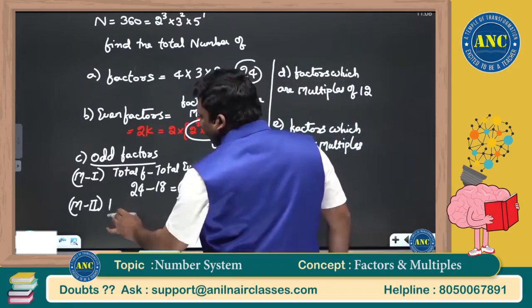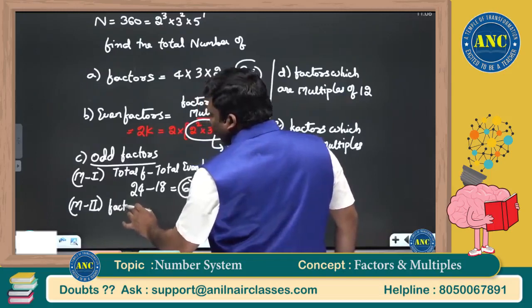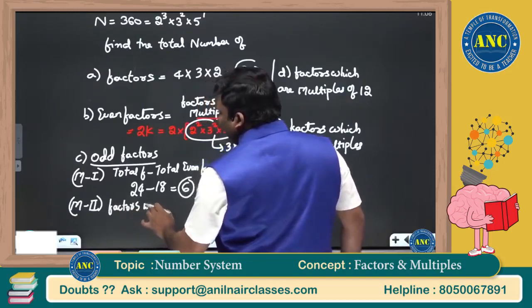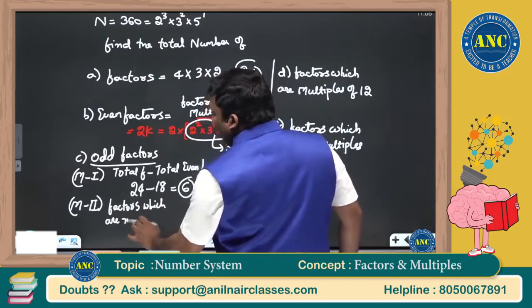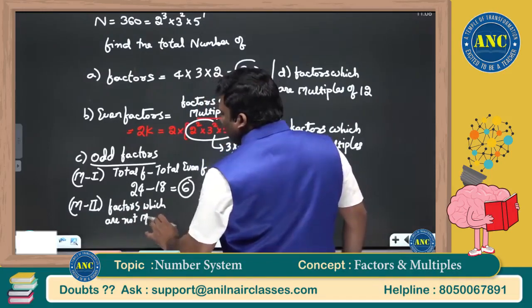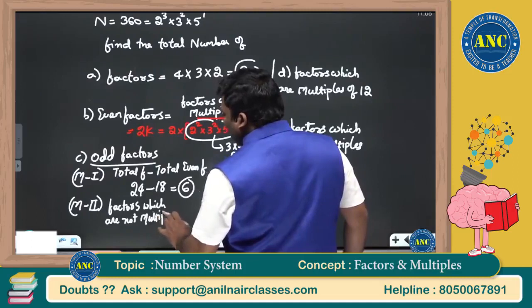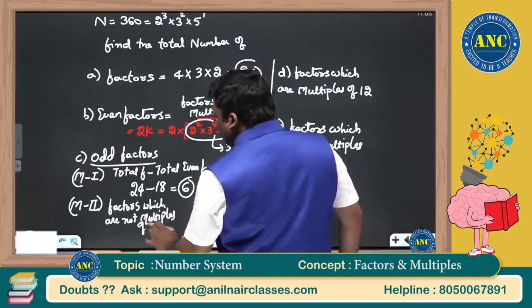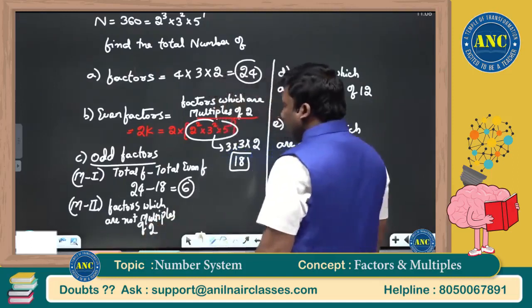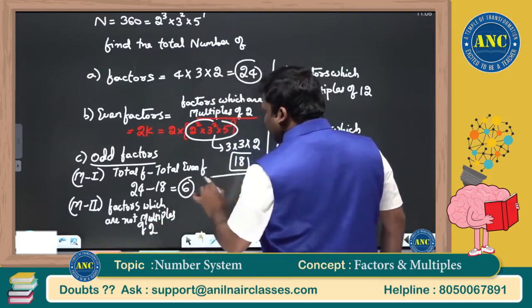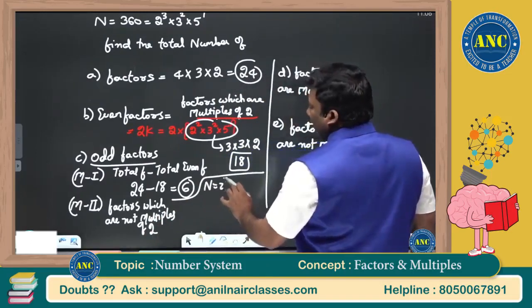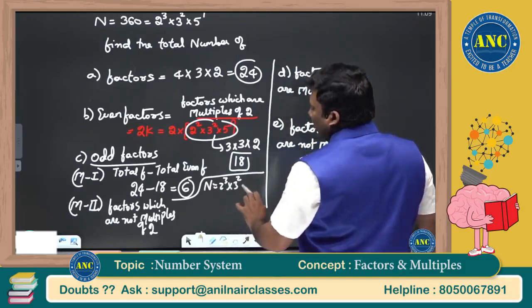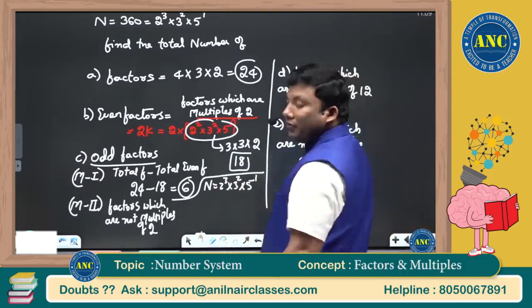Method 2. Odd factors means factors which are odd numbers. What do you mean by an odd number? An odd number is a number which is not divisible by 2, not a multiple of 2. Listen carefully. N equivalent to 2 power 3 into 3 square into 5 power 1.